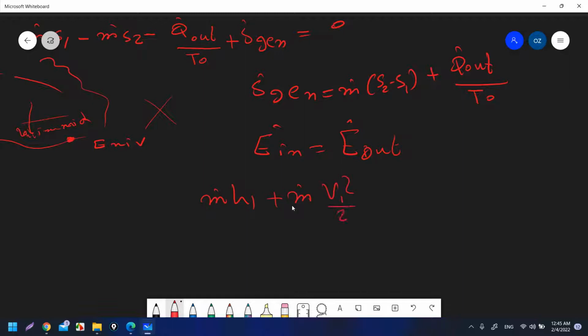Of course, the mass flow rate at the inlet is the same as at the exit. Equal to m dot times (h2 plus V2 squared over 2), and we have the Q dot out. I have the velocities. I have to get the mass flow rate if I get the specific volume.